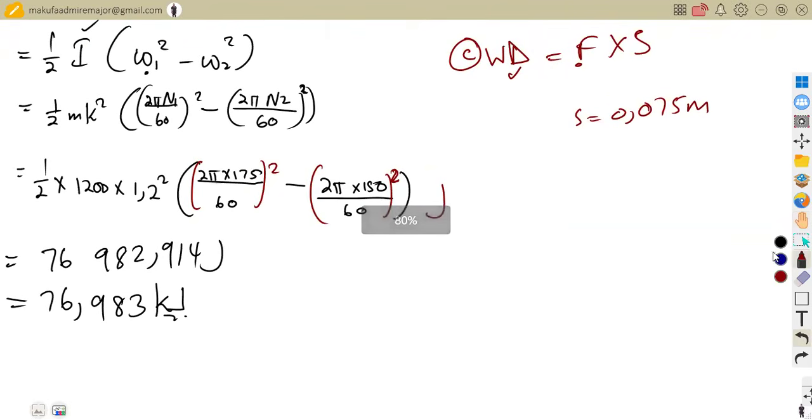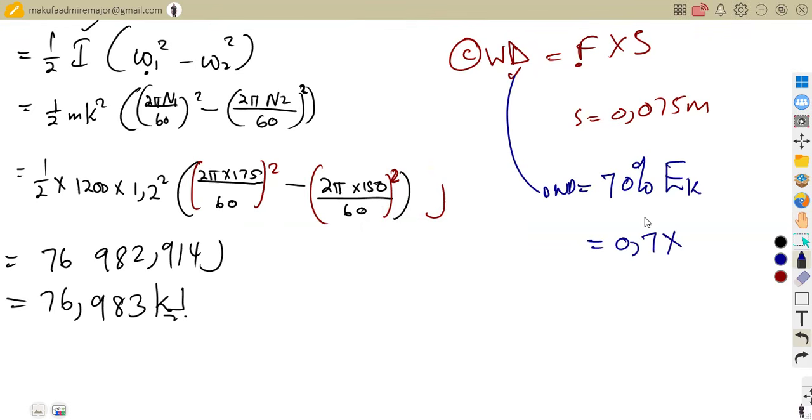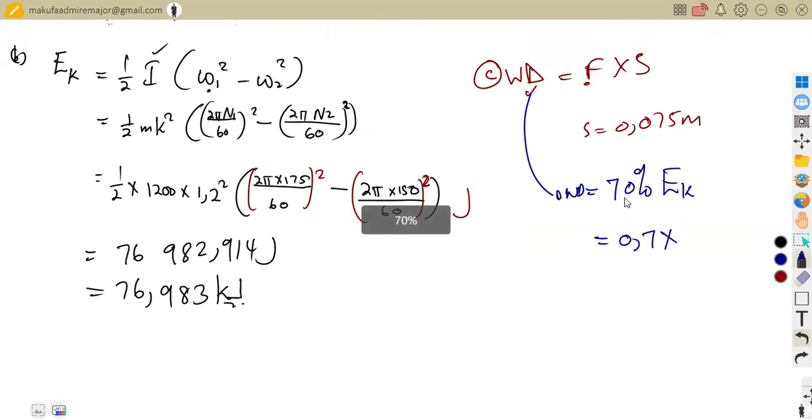So that is 0.7, or 70 over 100 to remove the percent, remember? Times the kinetic energy, which is this one.